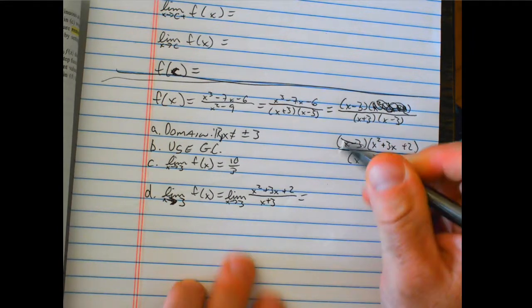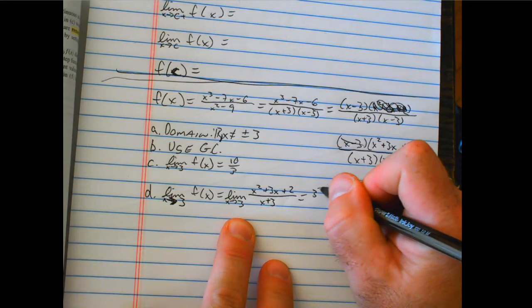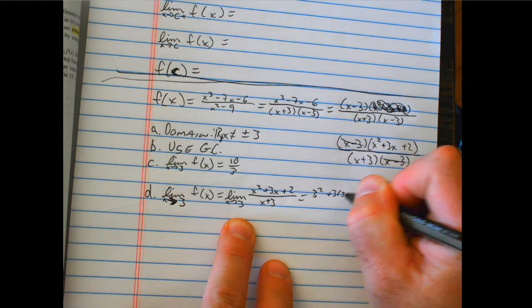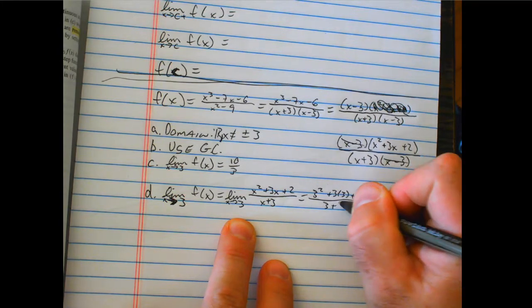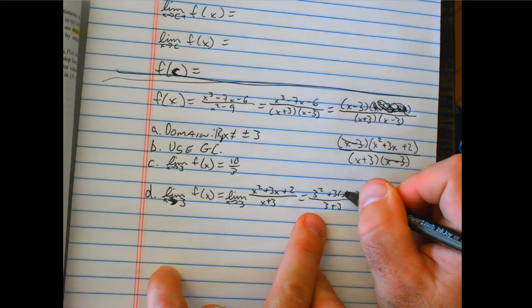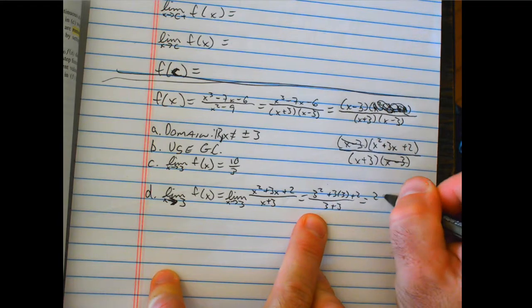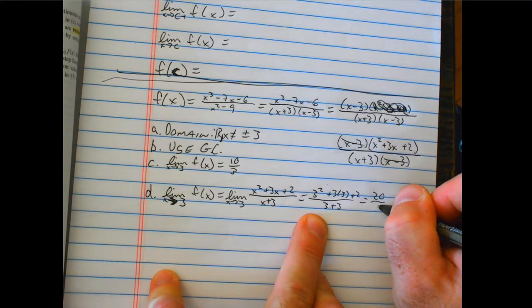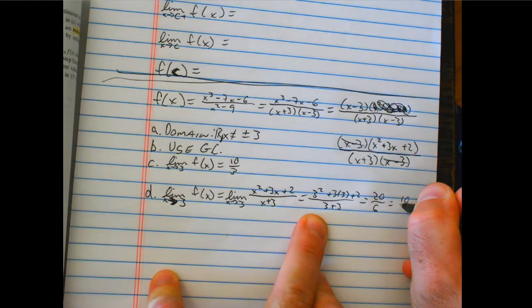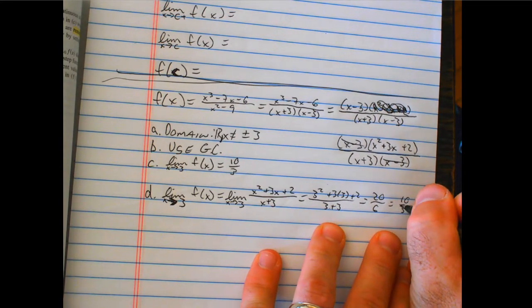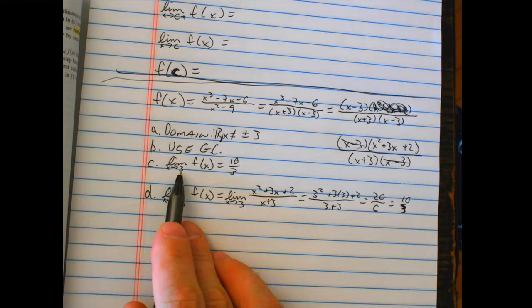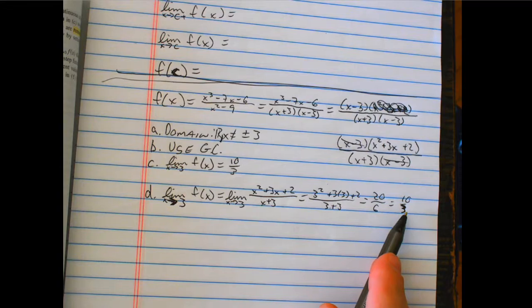And now I'm going to try my direct substitution. I've got 3 squared plus 3 times 3 plus 2 all over 3 plus 3. 9 plus 9, 18 plus 2 gives me 20 over 3 plus 3 gives me 6, 20/6 or 10/3. So now I have algebraic confirmation that the limit as x approaches 3 of f of x is indeed equal to 10/3.